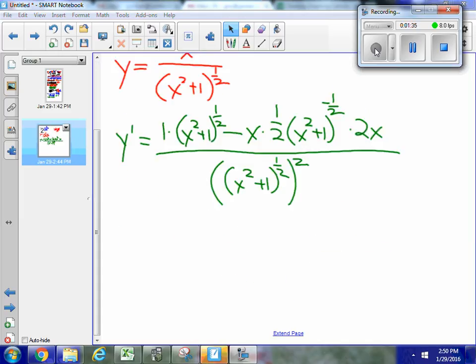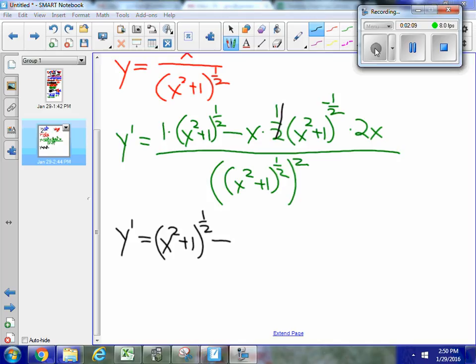But I really like to write it out, at least the first pass here, pretty fully, and then I'll simplify it. Because that way I can go back and see if I missed anything. When I did this problem just a couple seconds ago, I did miss something, and I was able to find it that way. So I have y prime is equal to, well, 1 times anything is itself, so it's going to be x squared plus 1 to the 1/2 power, minus, now I have the 1/2 here, and that's going to be multiplied by that 2, so that's going to go away.